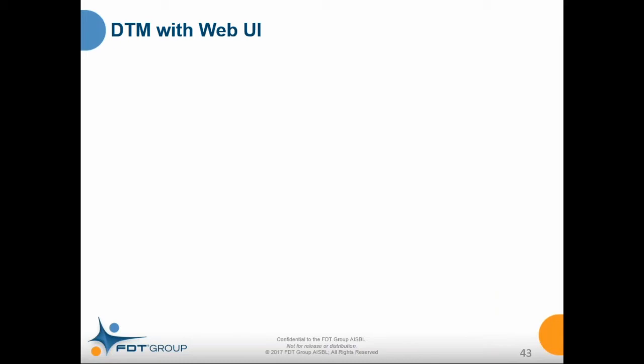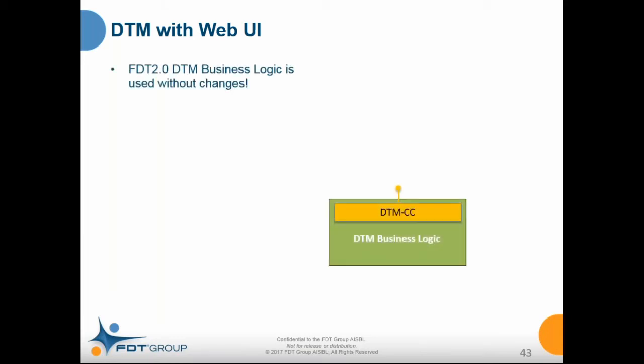Okay, so let's dig into the details. First of all, we have a DTM that we want to extend and we want to use HTML5 based user interfaces. So this is what we call a DTM with web UI. So how does this look like?